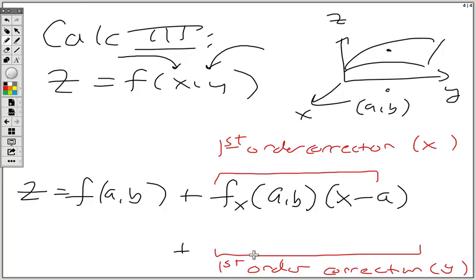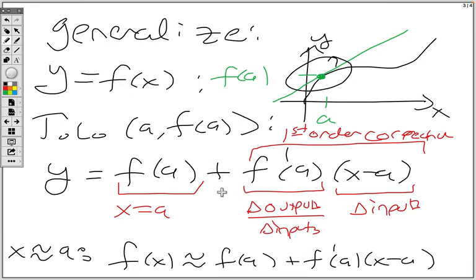What would help me estimate the change in the function as a result of changing the y? Yep. We would have the partial derivative with respect to y times the change in y. So do you see how this is generalizing what we did here in Calc 1?